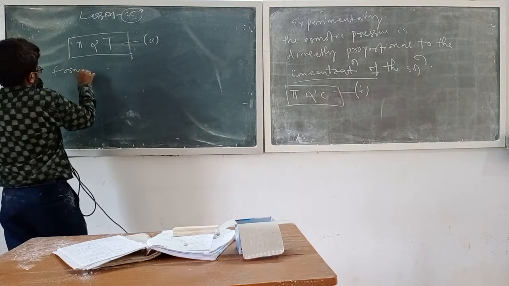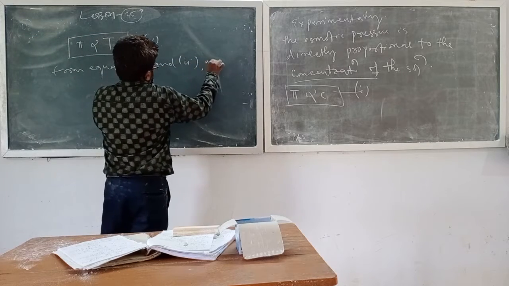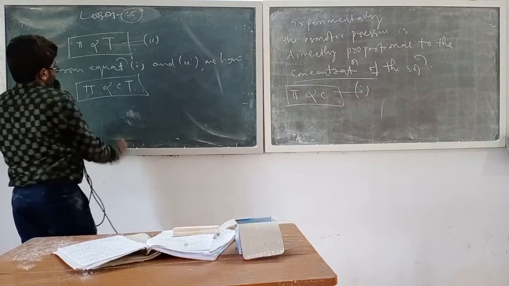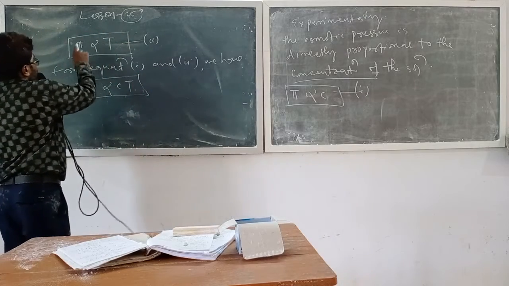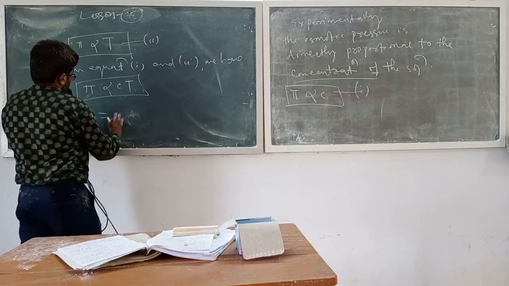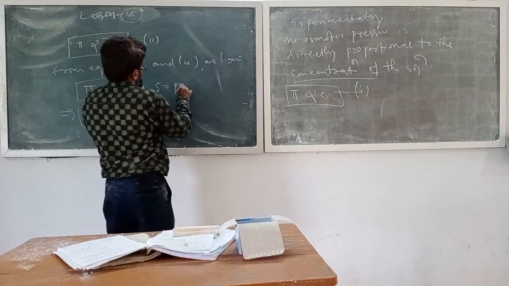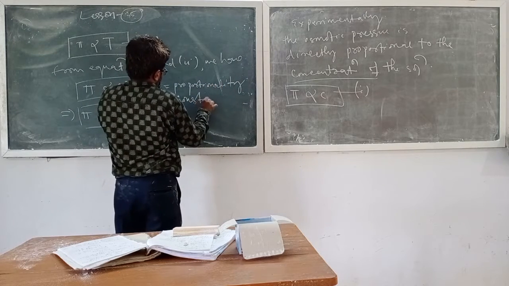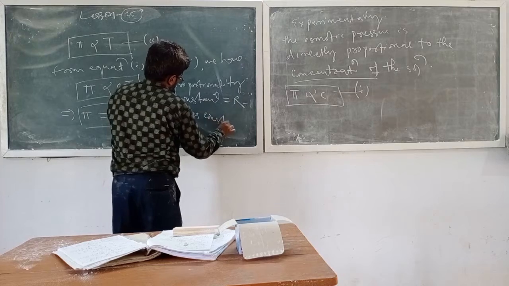From equation 1 and equation 2, we have pi proportional to C T. So pi is proportional to concentration, pi is proportional to temperature, that means pi is proportional to C of T. That implies pi equals C S T. Here S equals the proportionality constant, which is called the gas constant.